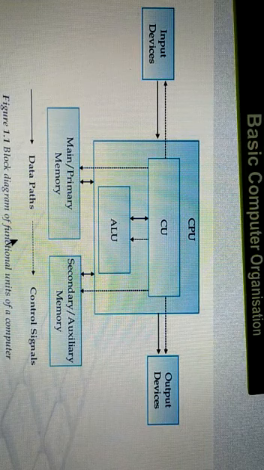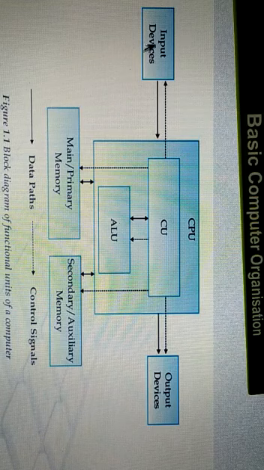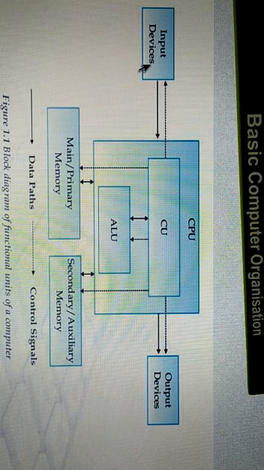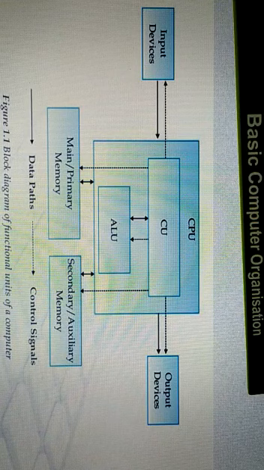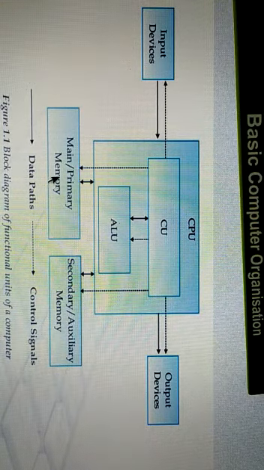Now the question is how the computer works. When any instruction is given by the user through the input device, first the input unit converts the signals into electrical pulses and sends them to the primary memory, that is RAM.